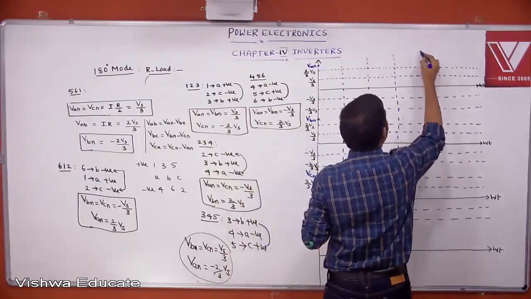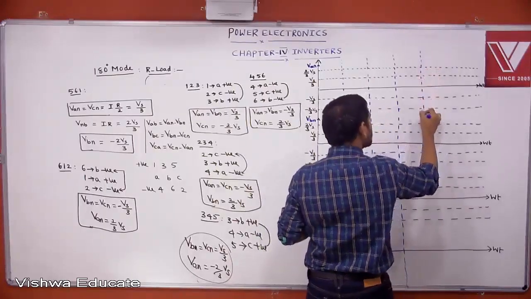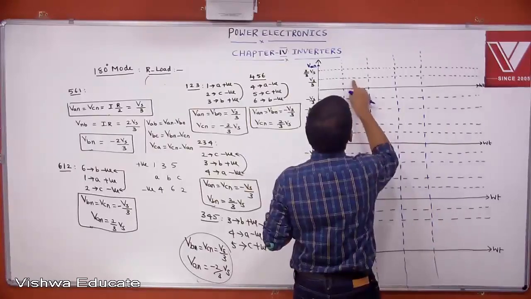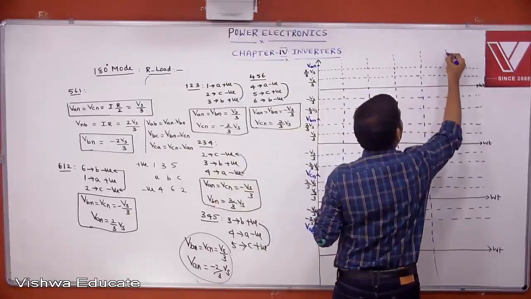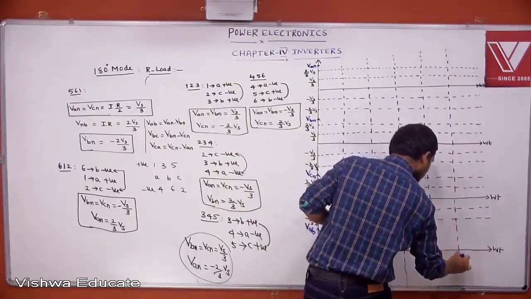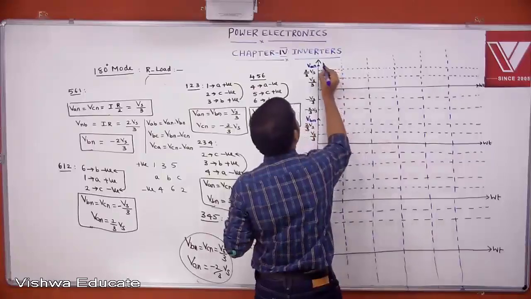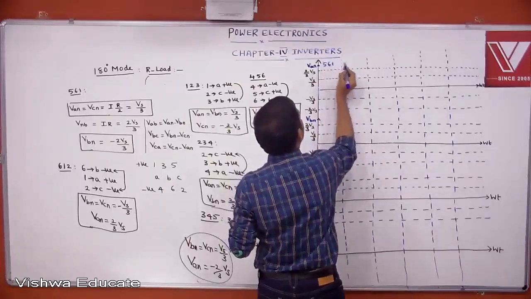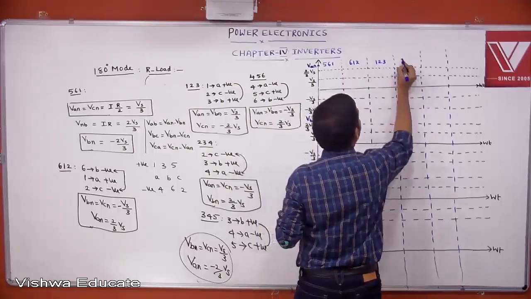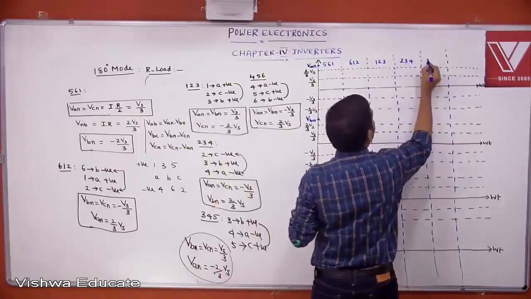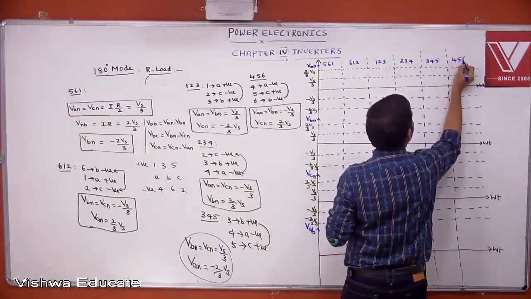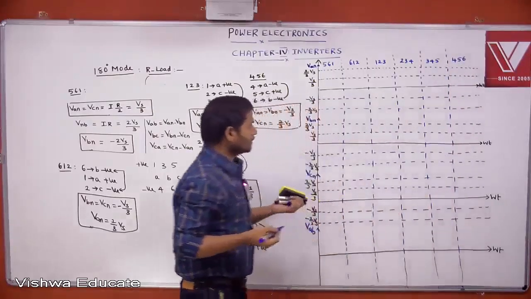This is 234 is conducting. 1, 2, 3, 4, 5, 6. This is 561, 612, 1, 2, 3, 2, 3, 4, 3, 4, 5, 4, 5, 6. Like this it is conducting.